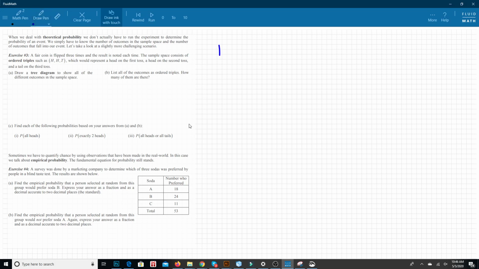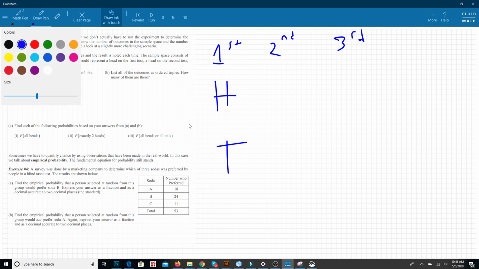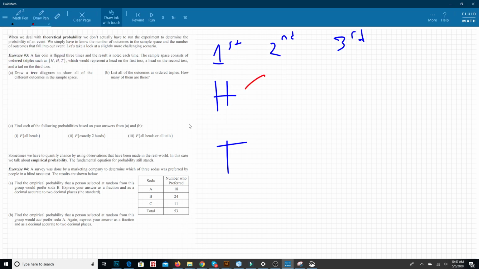In the first attempt, second attempt, and third attempt. So in the first attempt, we have heads, tails, right? And in the second attempt, we can again have heads and tails.